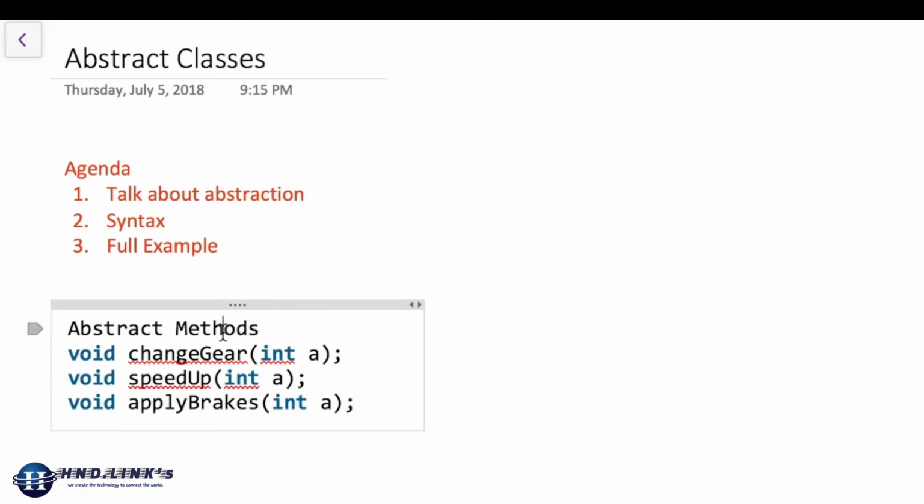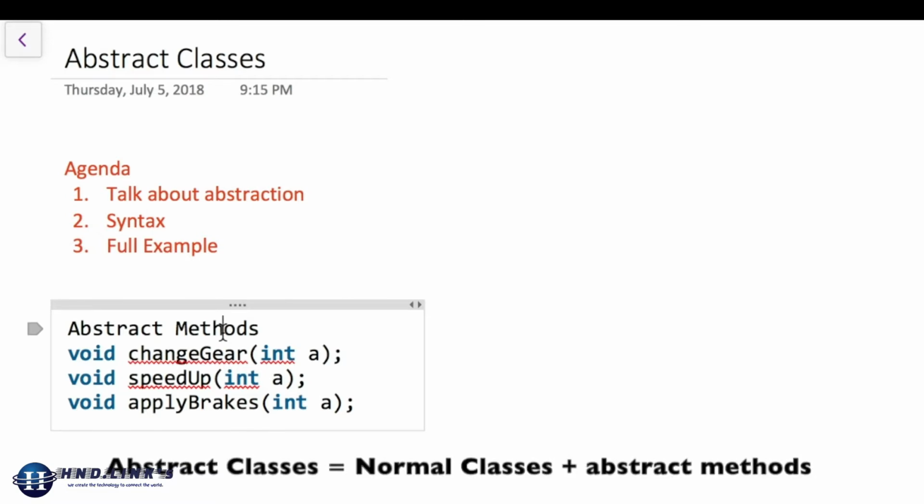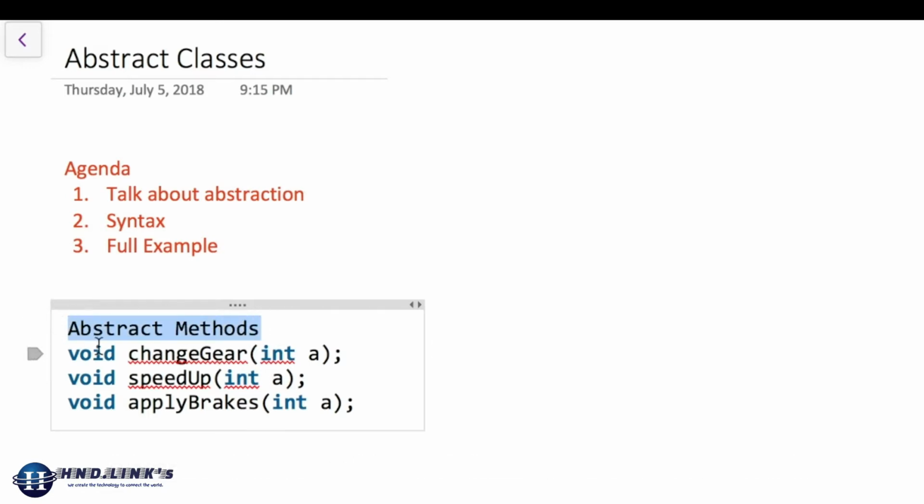Now coming to abstract classes, they fall somewhere between normal classes and interfaces, because they do everything that a normal class does. So they have instance variables, they have fully implemented methods and all that, but they can also have abstract methods, right? They can have one abstract method, two abstract methods, or all abstract methods.